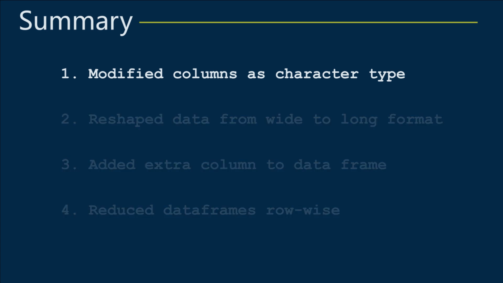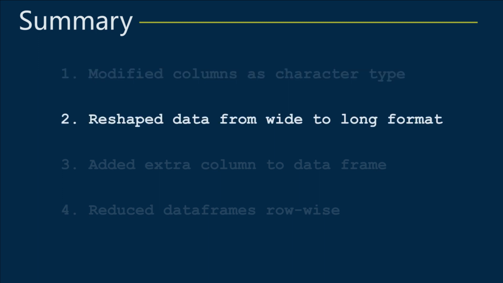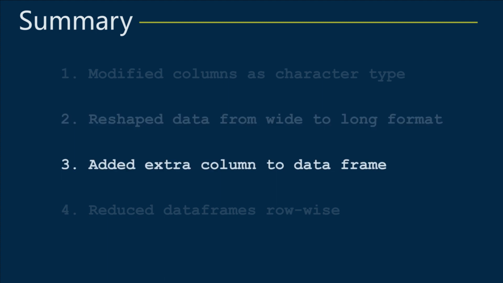Converted all columns to character data type to ensure compatibility with the pivot_longer function. Used the pivot_longer function to convert the wide format to a long format, collapsing all columns except the country column. Created an extra column using the add_on_call function to indicate the source of each record, either GDP, life expectancy or population.